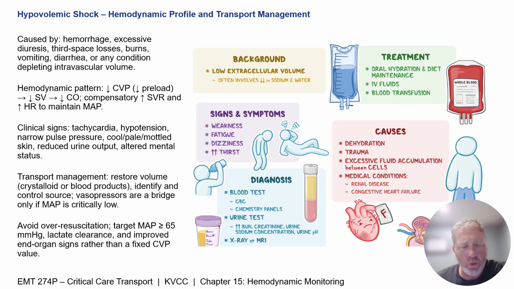One thing also to keep in mind is to try to avoid over resuscitation with regards to fluid. Target a MAP of greater than or equal to 65, clearing lactate, and improving end organ signs rather than just a fixed CVP value.